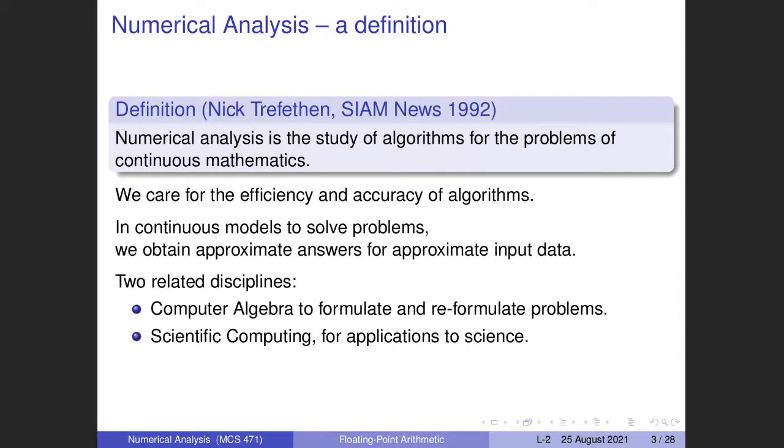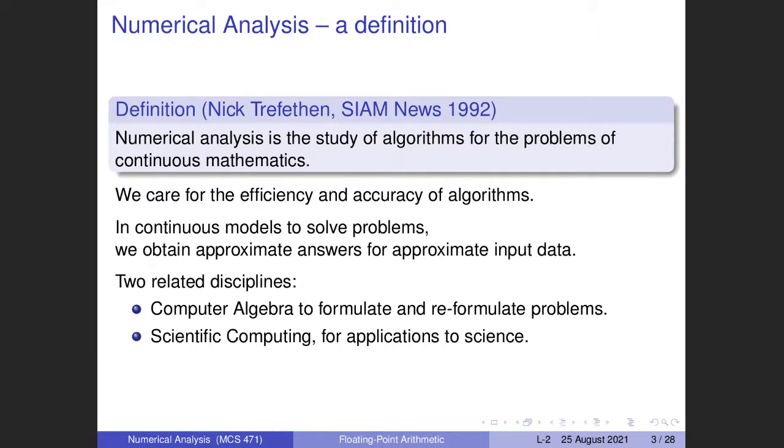We care foremost about accuracy, but equally we care for efficiency. So these are the two guiding principles in numerical analysis. So we have to work with an imperfect world.